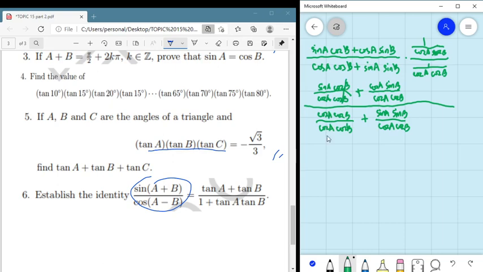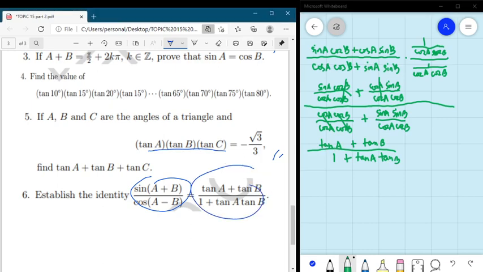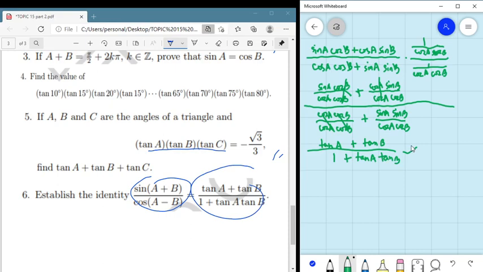Sine A over cosine A is tangent A, plus the cosine cancels, so it's tangent B, over 1 since everything cancels, then plus tangent A tangent B. Okay, so that's all.